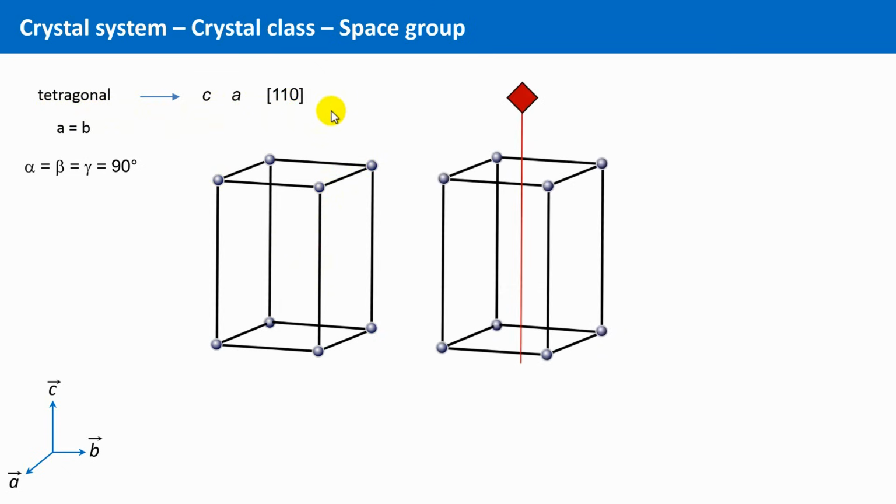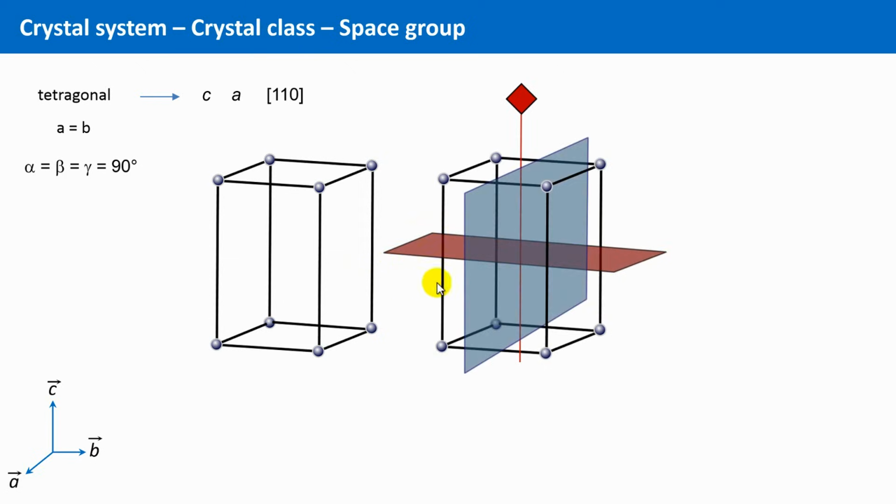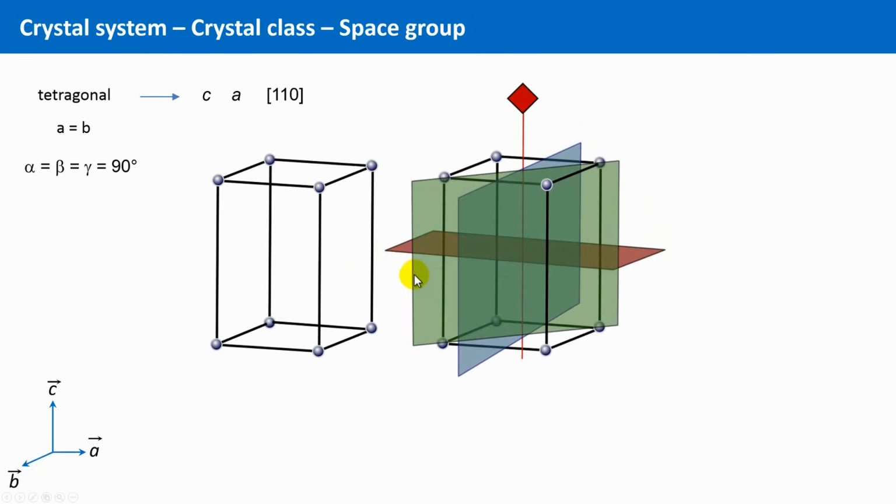Along the C direction we see, of course, the fourfold axis of rotation. And we find another symmetry element along the same direction. Yes, correct, a mirror plane perpendicular to that axis. Along the A direction we come across a mirror plane. And along the face diagonal there's another mirror plane.